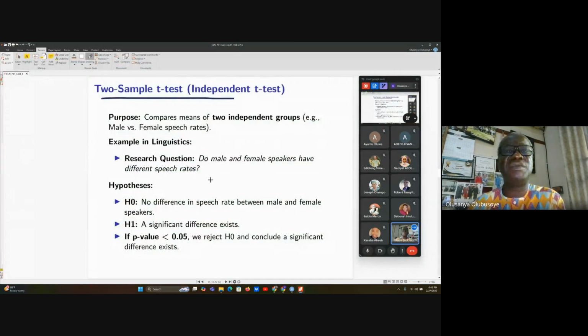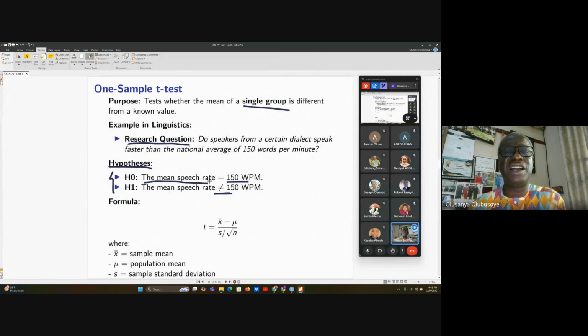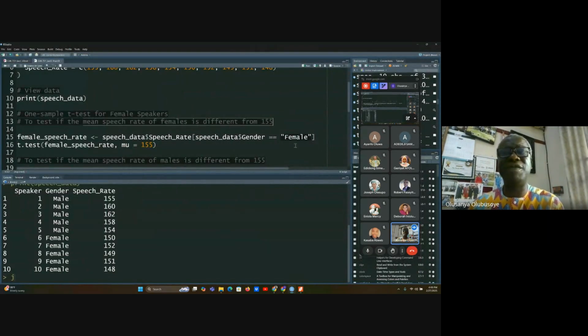We could also use 150, but let's keep to what I have here.